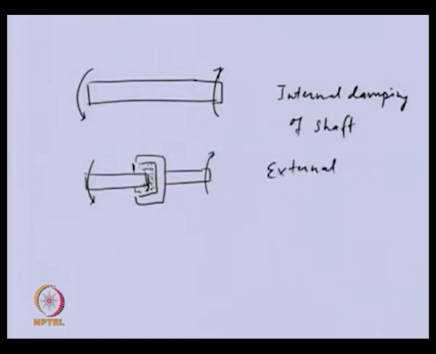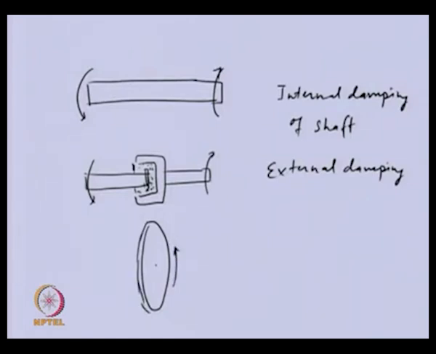In this case, we can design the damper so that we can change the damping to the level which we want. So, this is external damping. Apart from this, we have a rotating disc in the system, which is rotating at very high speed.